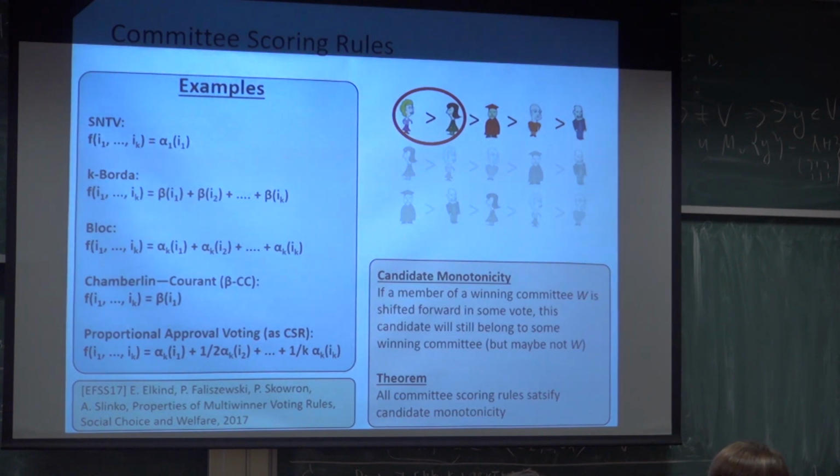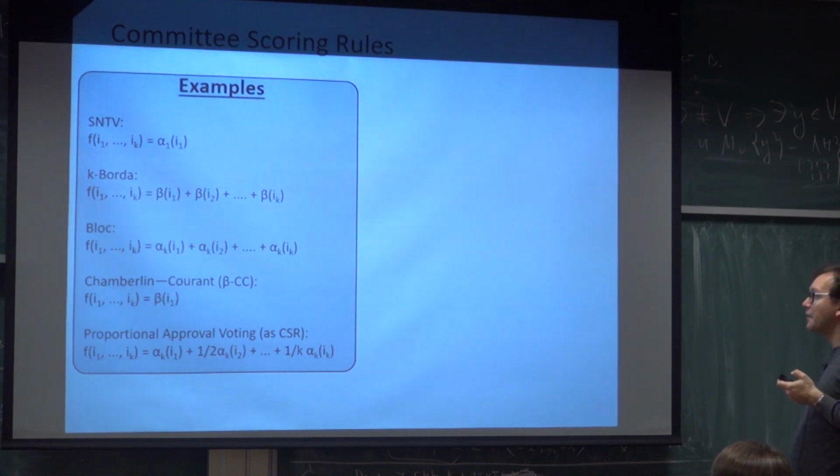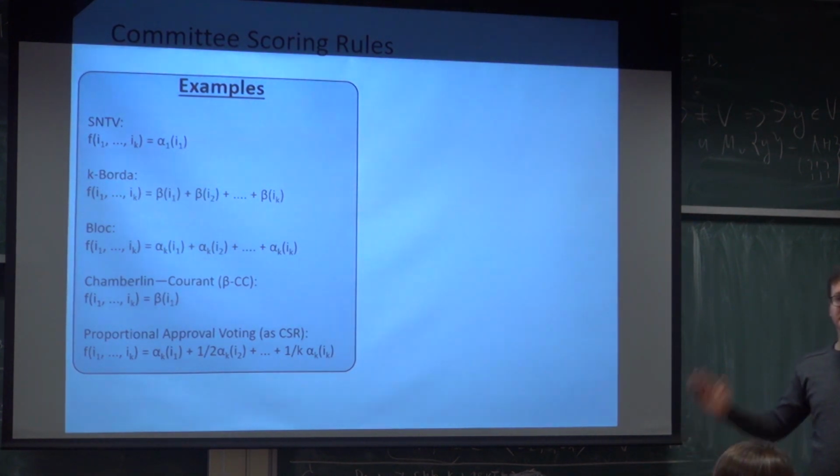And this is also a general property of committee scoring rules. Another general property is that it's always possible to find an election where a given committee is winning.